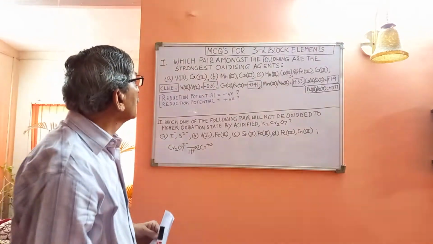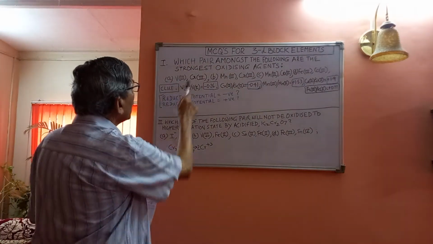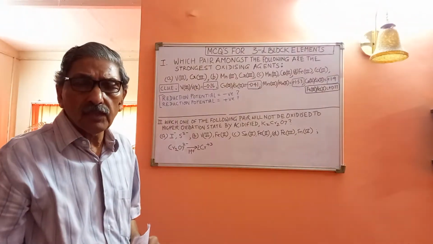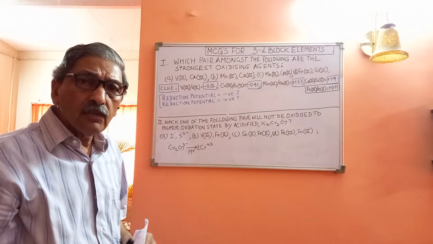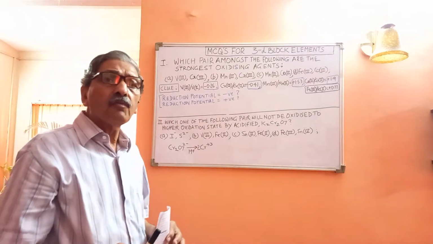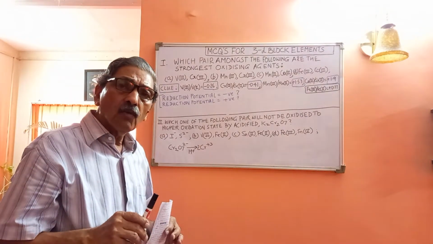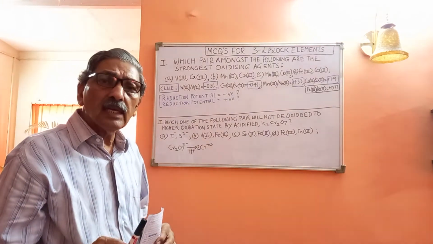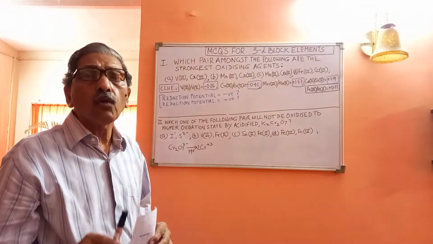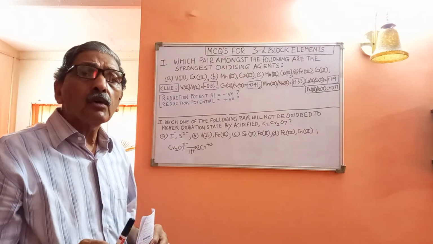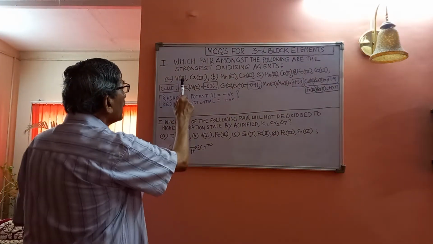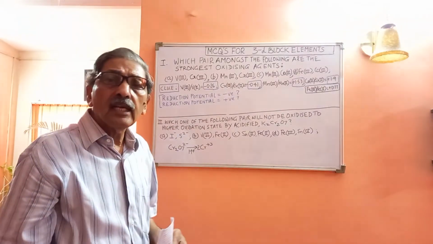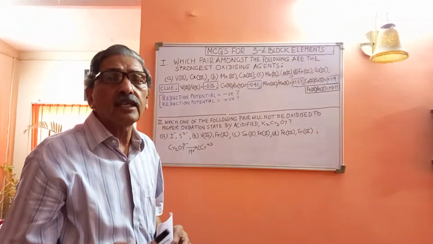For instance, if in our choice A we have vanadium 3 and chromium 3, then we need to know the reduction potential of the vanadium 3/vanadium 2 redox couple, and similarly the chromium 3/chromium 2 redox couple, because if vanadium 3 is a strong oxidizing agent, an oxidizing agent gets reduced.